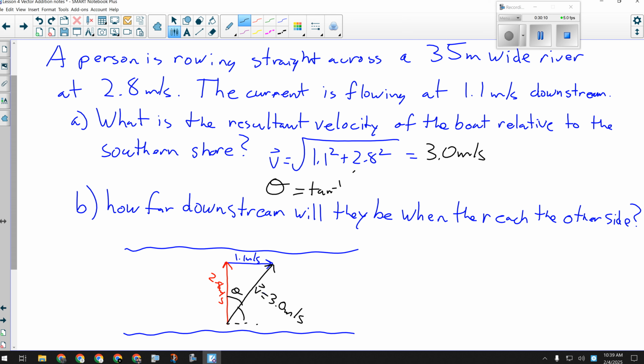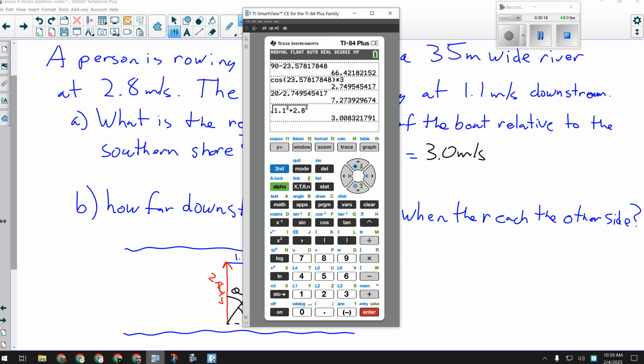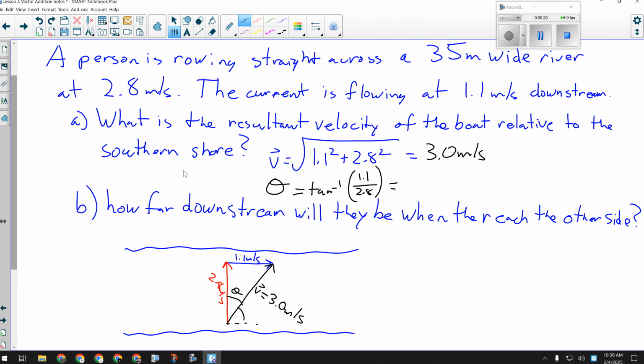Okay, so tan to the minus 1 of 1.1 over 2.8. Okay, or could I save myself time and just flip those to get the other angle? Could I just imagine that I'm looking for this angle in a triangle that's 2.8 on this side by 1.1 on that side? It's okay to do that too, whichever way makes more sense to you.